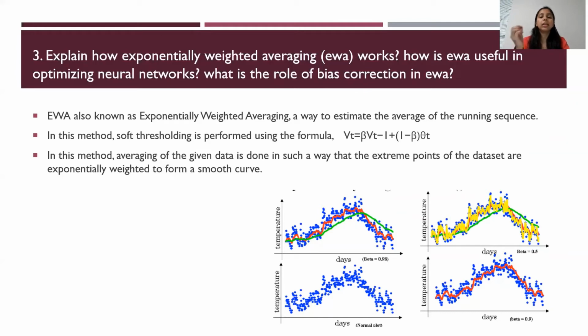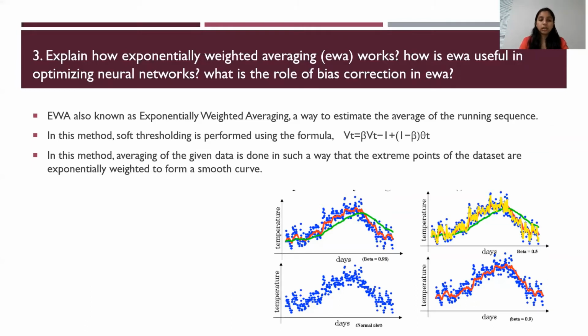We can calculate the EWA values by using this formula. Here we can vary the beta value. We can choose beta according to our specifications, and as the beta value changes, the normal average changes, but the exponentially weighted average doesn't change.